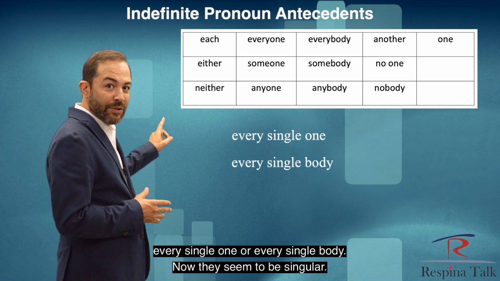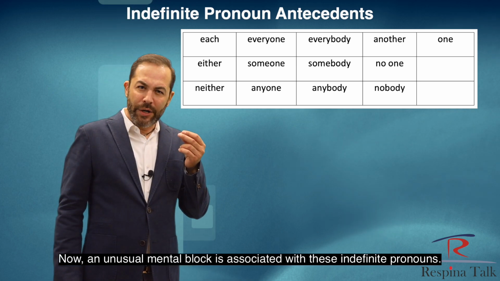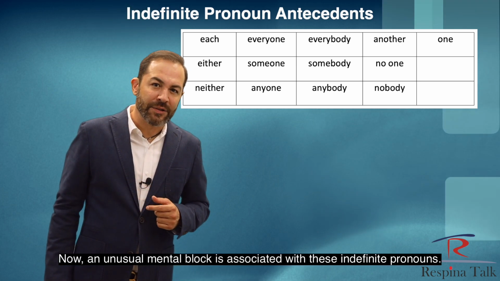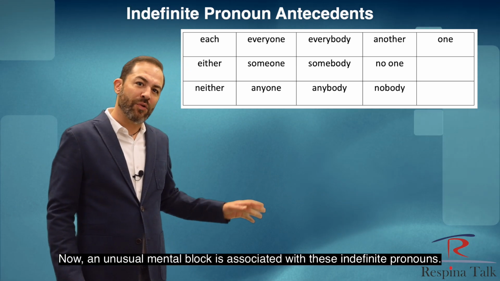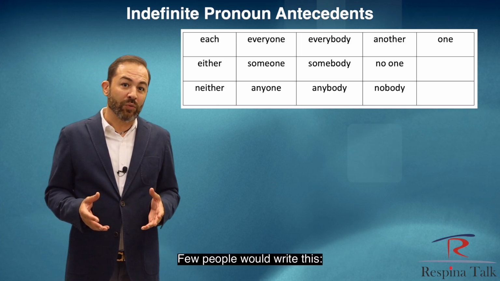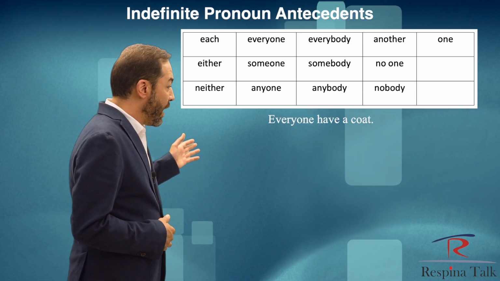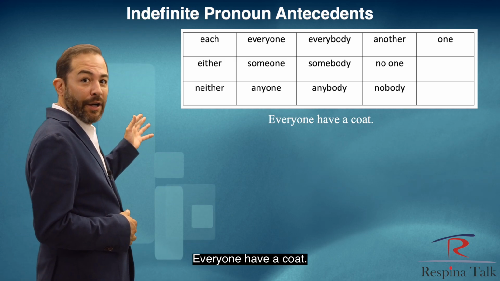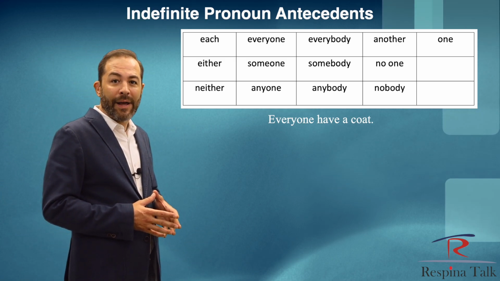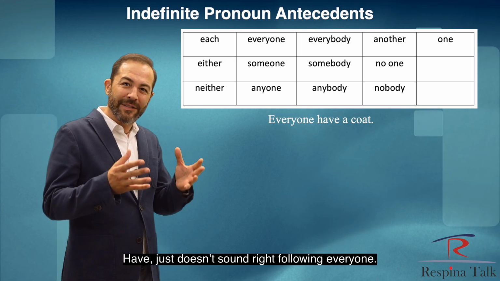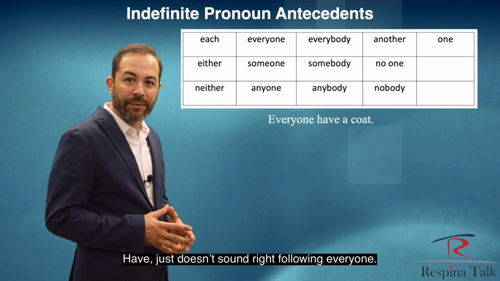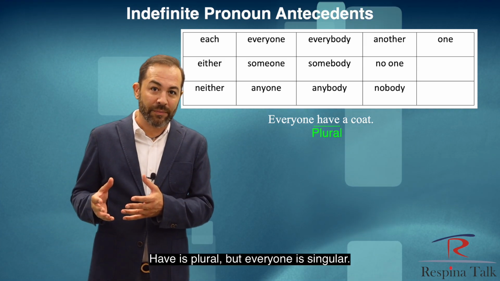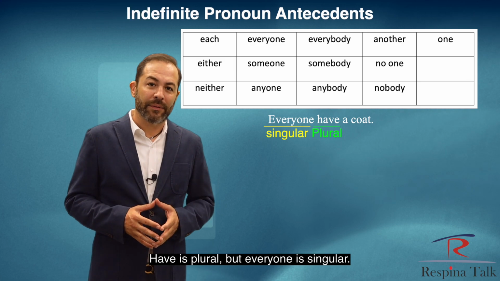Now, they seem to be singular. Now, an unusual mental block is associated with these indefinite pronouns. Few people would write this: Everyone have a coat. Have just doesn't sound right following everyone. Have is plural, but everyone is singular.